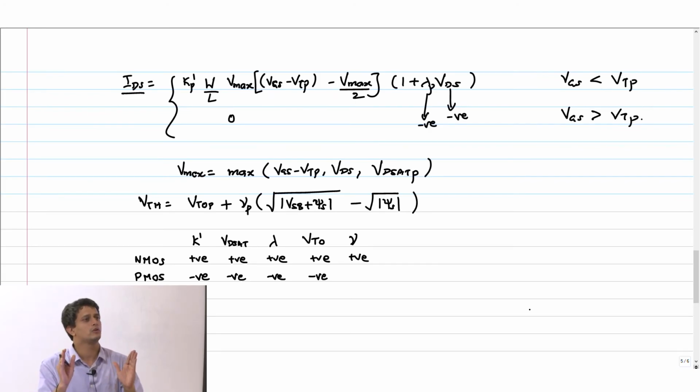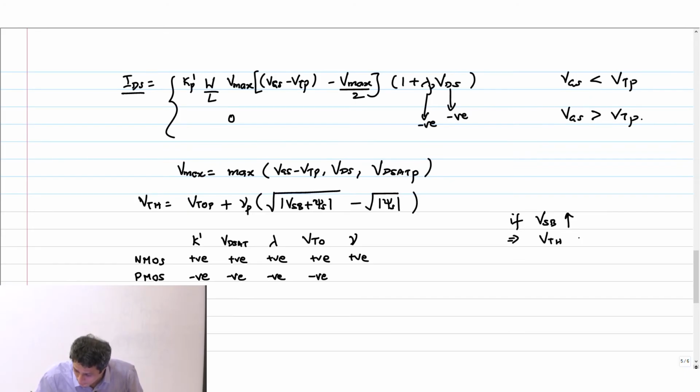It is easier to invert the channel if the body is negative. Right? Correct? So if VSB increases, what should happen to the VTH of my PMOS transistor?